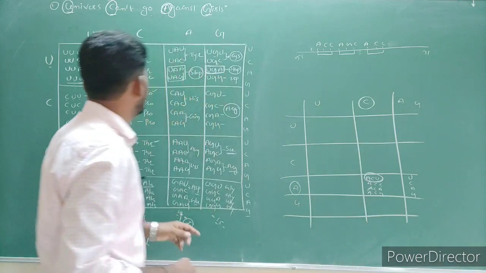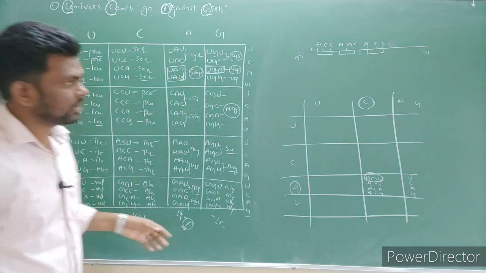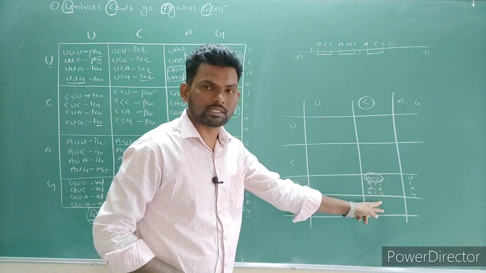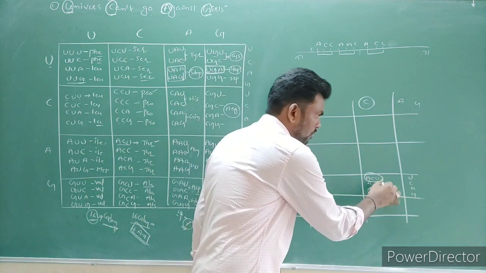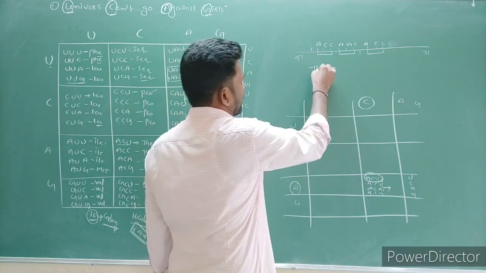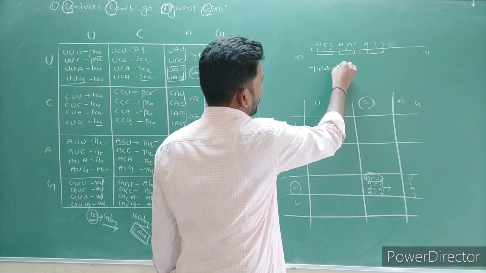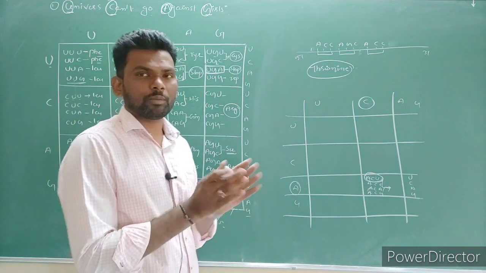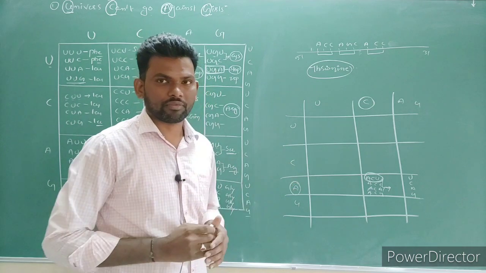The second column story is what? These four are going to code for which amino acid? Threonine. Finished. Like within 1 minute, we are going to solve the question, right?